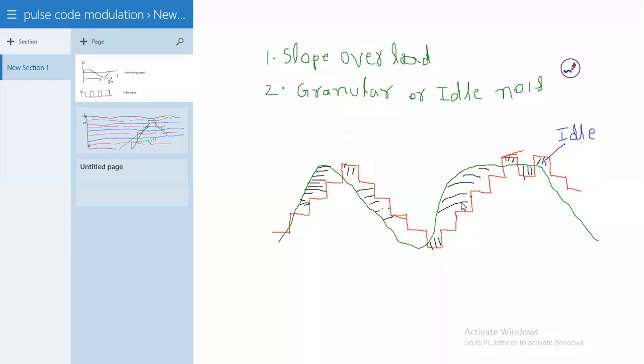This type of distortion is called slope overload distortion.